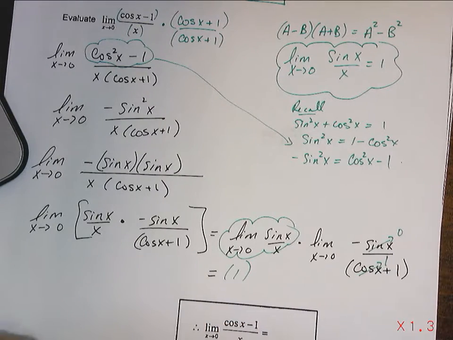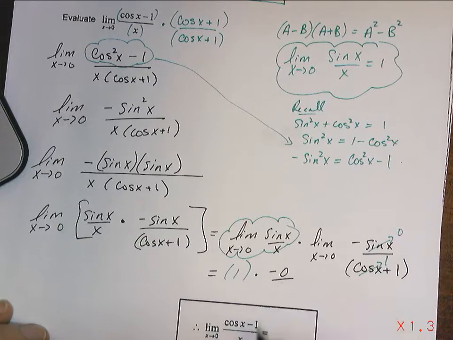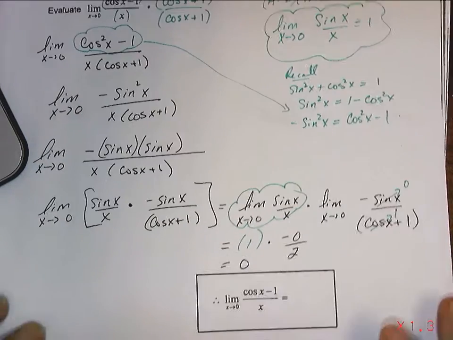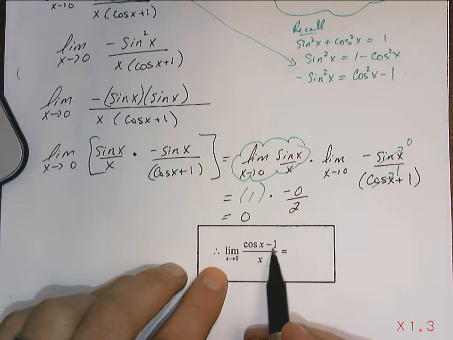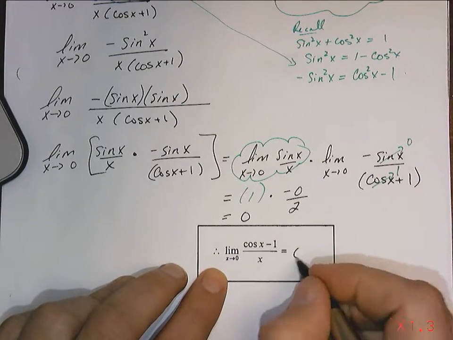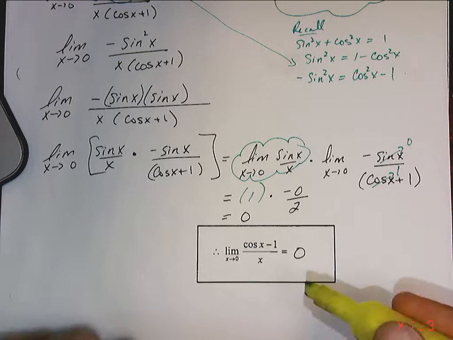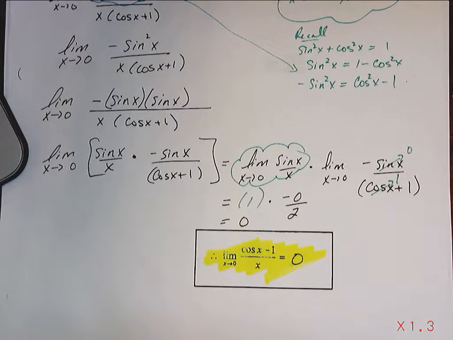So what we end up with is times negative 0, if that makes any sense, over 2, which is equal to 0. So we know that the limit as x approaches 0 of cos x minus 1 over x equals 0. And I didn't have to use a chart, which I'm very happy about because I don't like using the chart. I like using other math to be able to prove it.